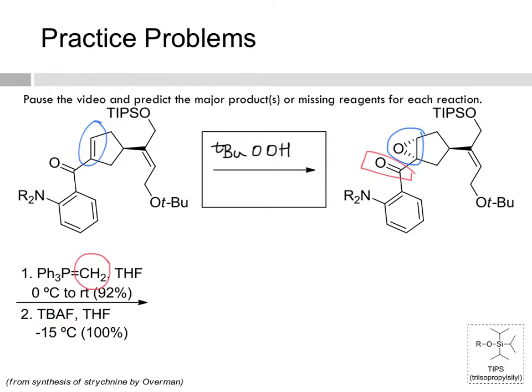TBAF is going to deprotect the silyl protecting group, and so we're going to convert this protected alcohol to the free alcohol. So our final product is going to be with an alkene, everything else still in place except for the deprotected alcohol.